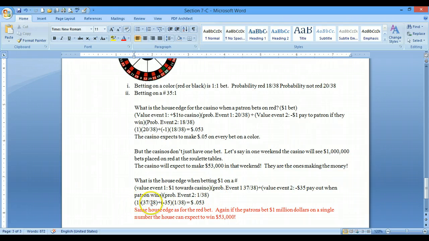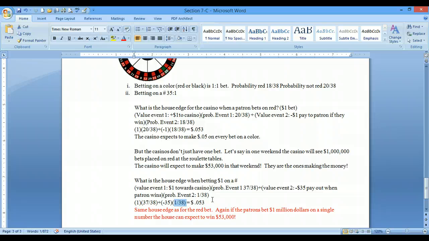So let's plug it into our calculator. $1 towards the casino. The probability of it coming towards the casino is 37 out of 38. Add it to the value of event 2, negative $35. They're paying that out. The probability of them having to pay that out is only 1 out of 38 because you're betting on one single number out of all 38.